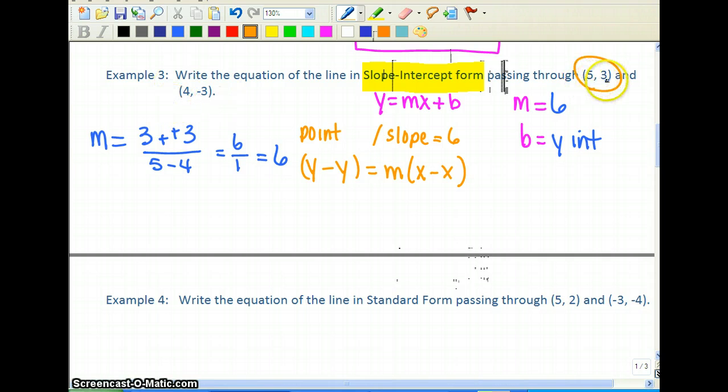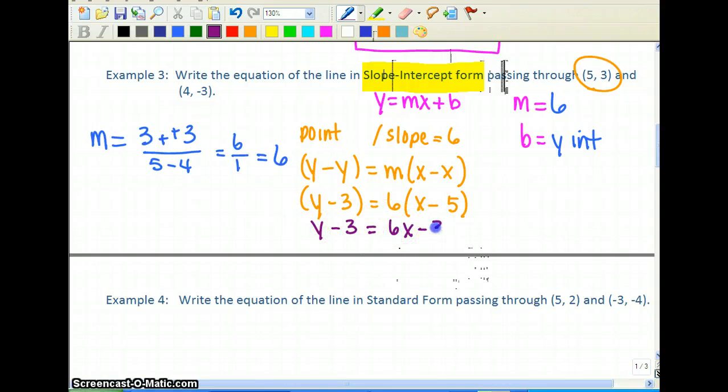So if we're using 5, 3, I plug it in. So I get y minus 3 equals 6 times x minus 5. Now that's point slope form. I need it in y equals form. So I've got to get this y by itself. So we're going to distribute 6x minus 30.